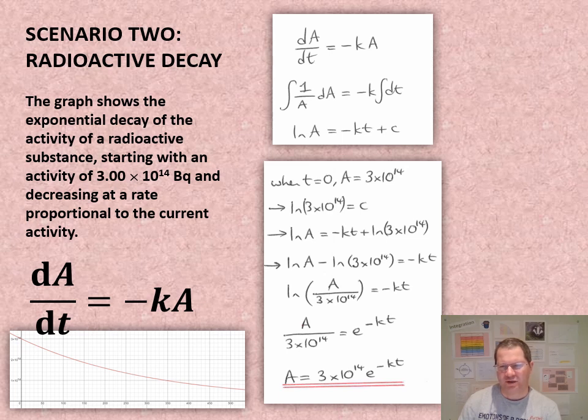So we have c as ln of 3 times 10 to the 14. Substitute that back into the formula, take it away, divide, and we get ln of A over 3 times 10 to the 14 is equal to minus kt. Exponentiate both sides, times by 3 times 10 to the 14, and we get A equals 3 times 10 to the 14 times e to the minus kt.